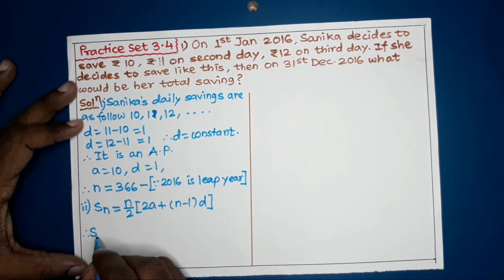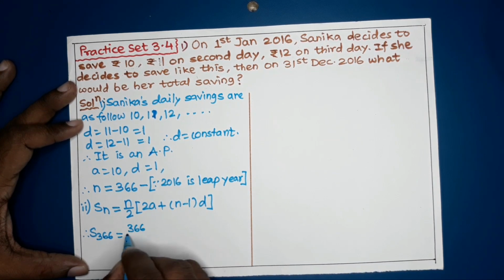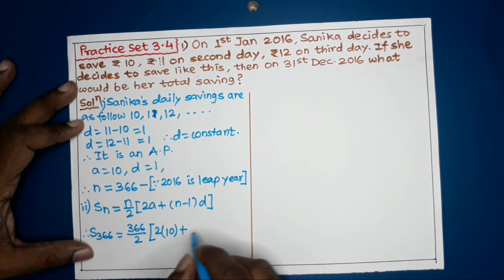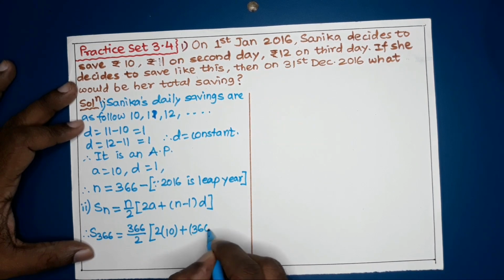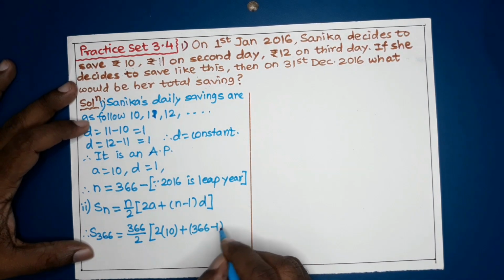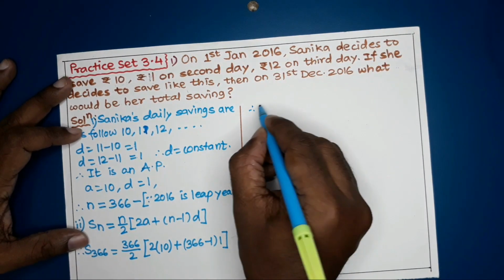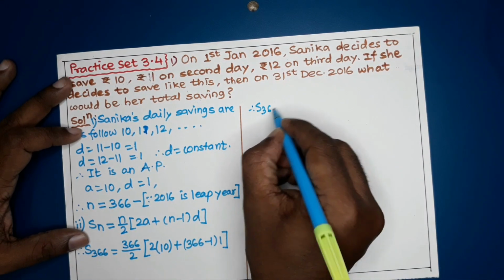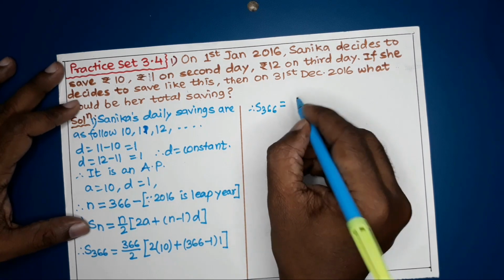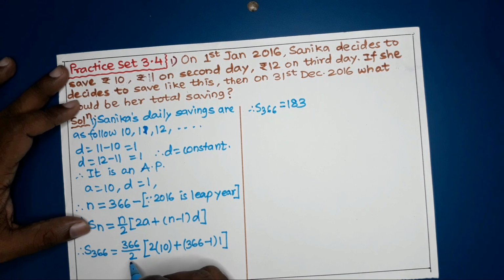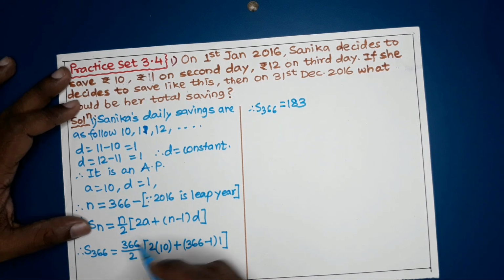Therefore S366 is equal to 366 upon 2 in bracket 2 into 10 plus 366 minus 1 into the value of D, which is 1. So 366 upon 2 becomes 183.